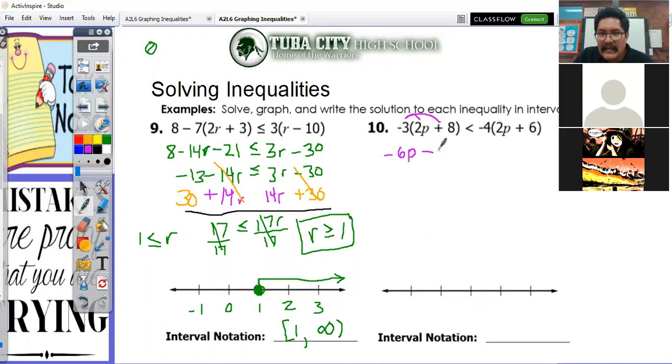Negative 3 times 8, so that would be 8 times 3 is 8, 16, 24. Okay, I don't know why, but I had a weird feeling about that one. And again, the negative has to change both of these, so they're both going to be negative. 4 times 6 is 12, 24, so 24.